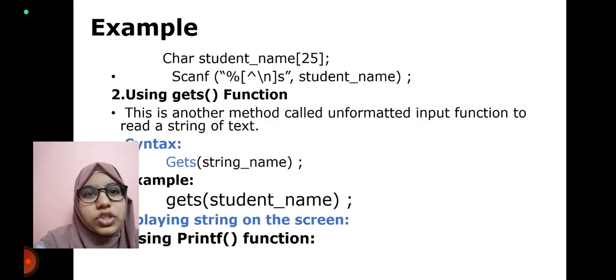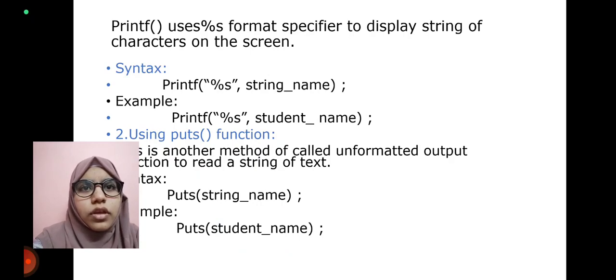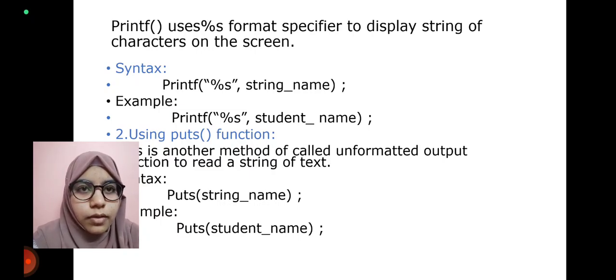Next, second function is using gets function. This is another method called unformatted input function to read a string of text. General syntax: gets(string_name); Example: gets(student_name); Displaying string on the screen using printf function. printf uses %s format specifier to display a string of characters on the screen.